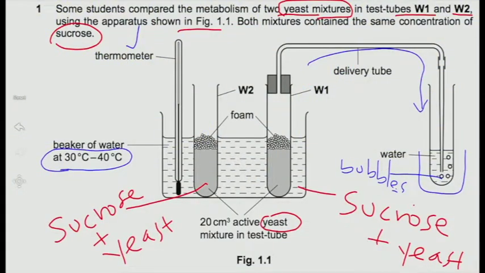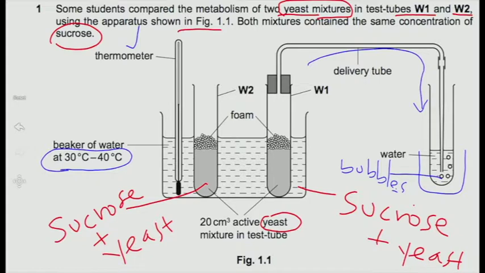So let's look at the figure again for the last time. There's a thermometer, W2 already connected to the delivery tube, to a test tube on the right, with the bubbles of the gas collected. That's W1. W2 is still in the line. After time X, where observations have been made for W1, then the students will do W2.